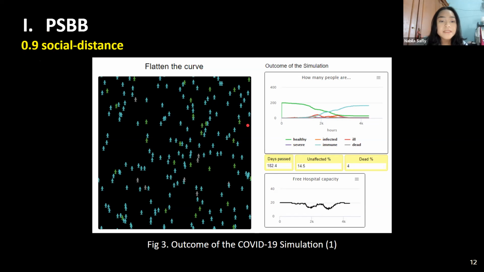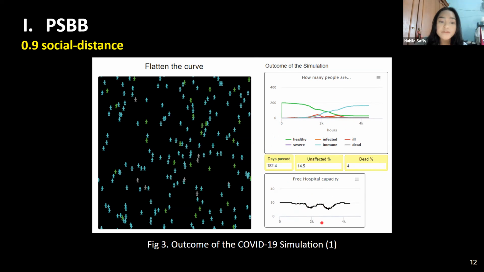Although the pandemic cycle lasted a long time, which is 182 days, based on the result, the graph shows that the number of infected agents was very small and the number of dead agents could be said to be almost non-existent. The availability of hospital capacity has also decreased several times when there are sick agents, but it doesn't run out.